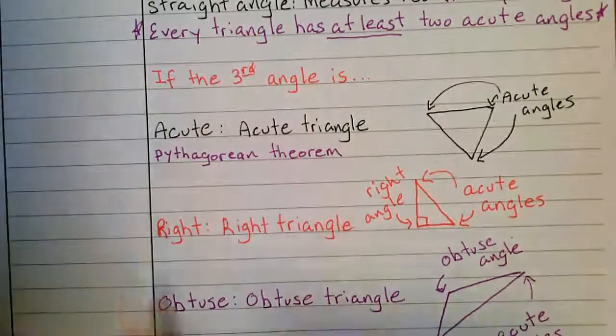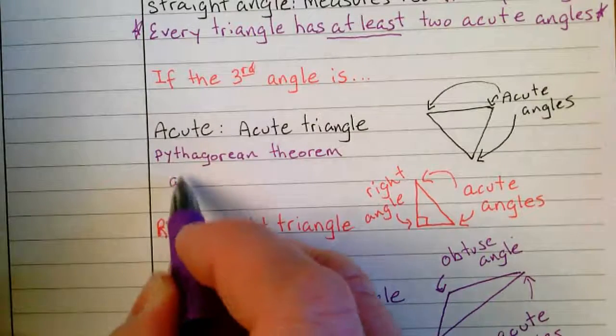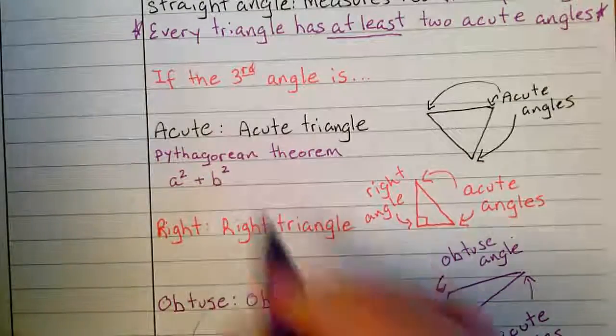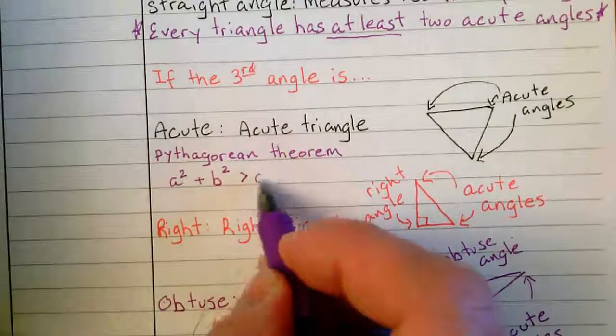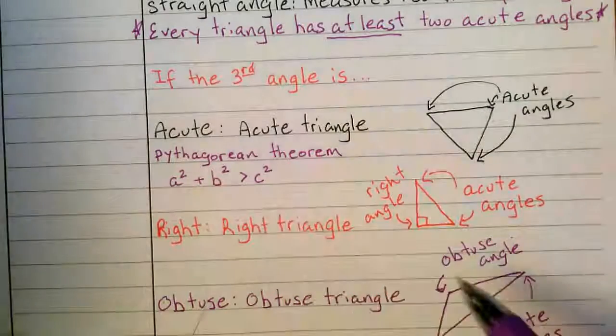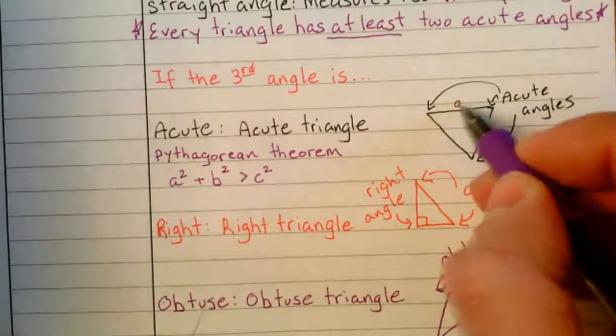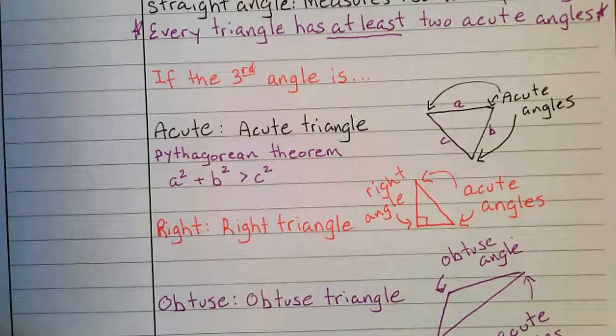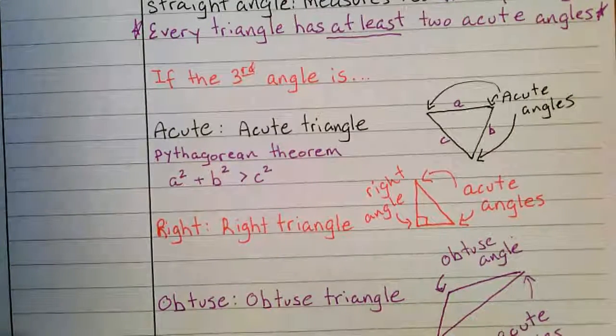It turns out that a squared plus b squared is always greater than c squared, where c is the longest side. So a, b, c. Of course, a squared plus b squared would always be greater than c squared, no matter what side you picked, I guess, as c.